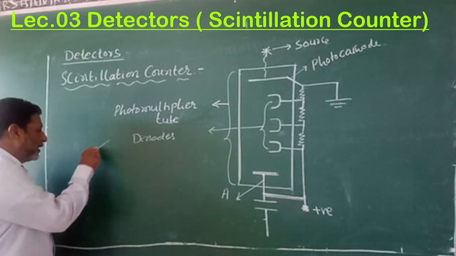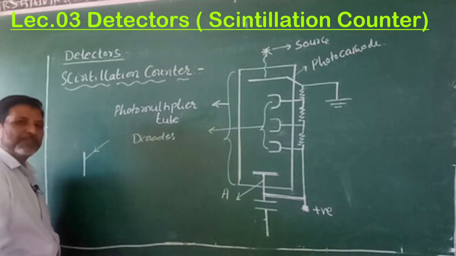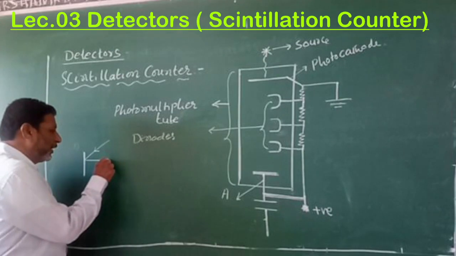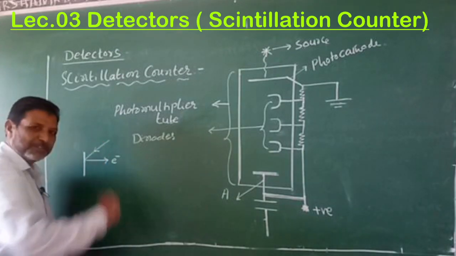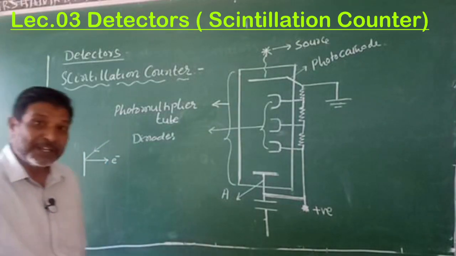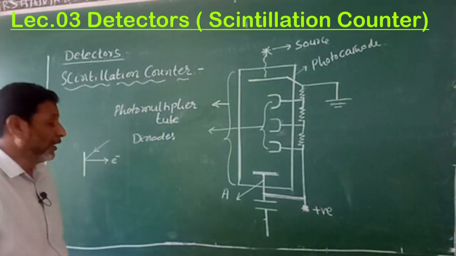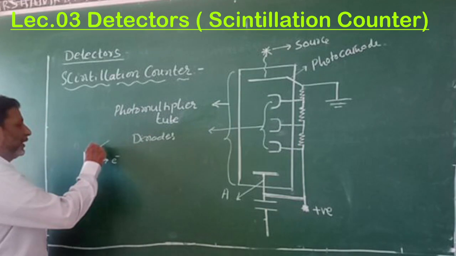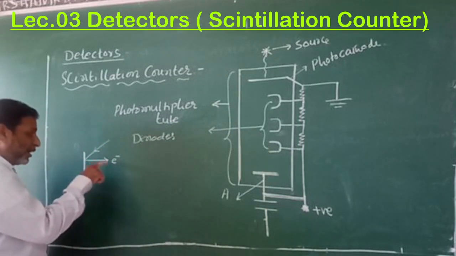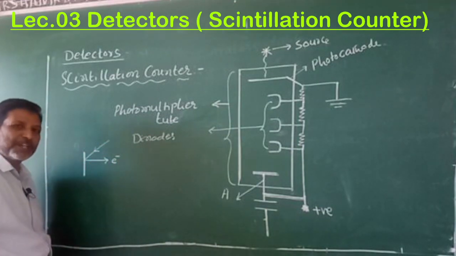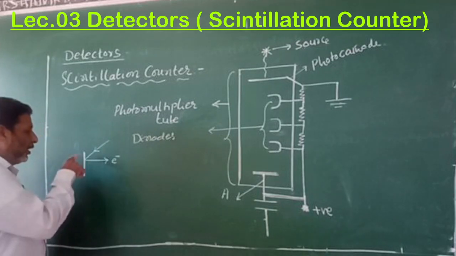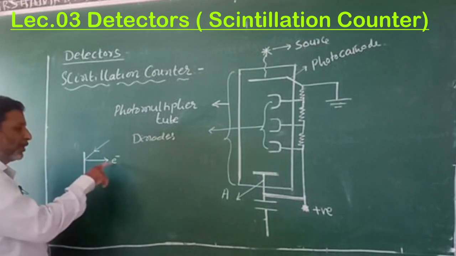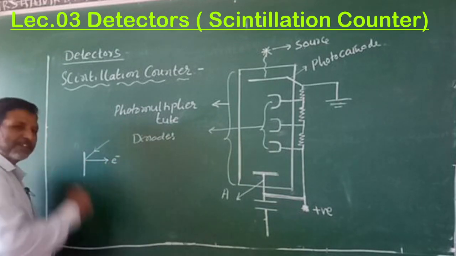When radiation of a suitable frequency is incident on it, according to the photoelectric effect, it emits electrons. In the photoelectric effect, you might have observed that a definite amount of energy is required to release the electron from the metal surface.